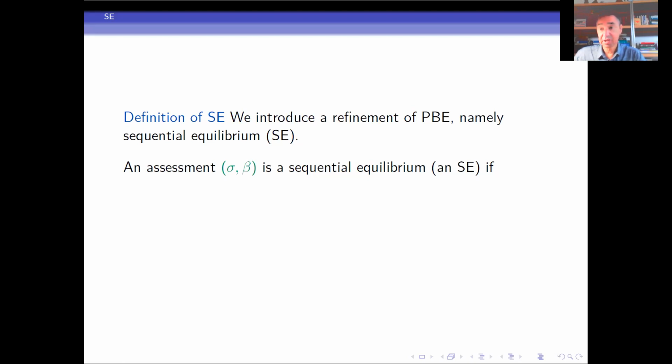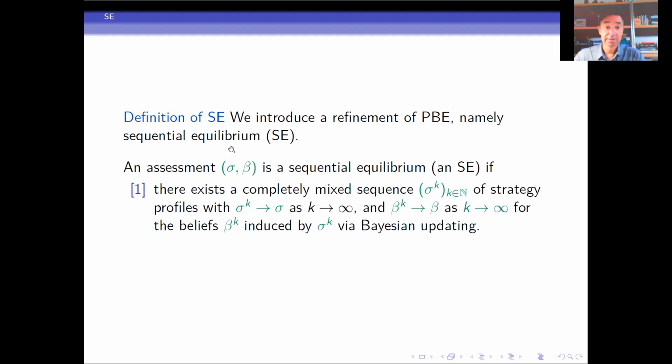And well, one of the requirements is exactly the same as for perfect Bayesian equilibrium, namely that given the beliefs beta, sigma is sequentially rational. But the other one is a bit different. So the consistency requirement is what it says here.